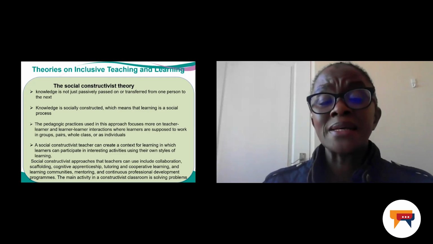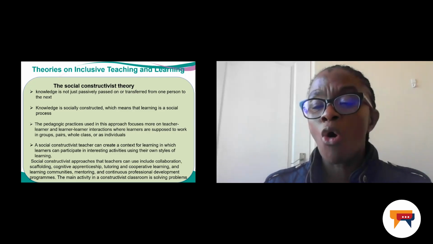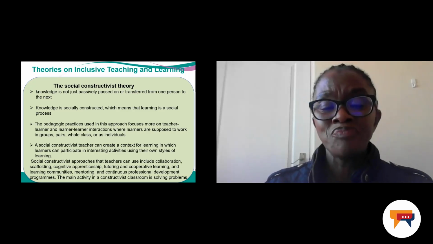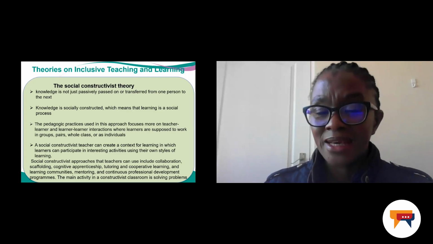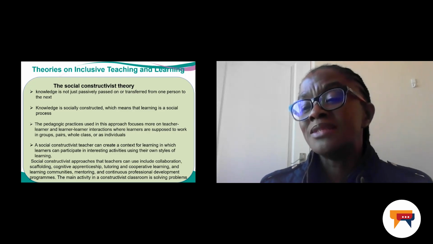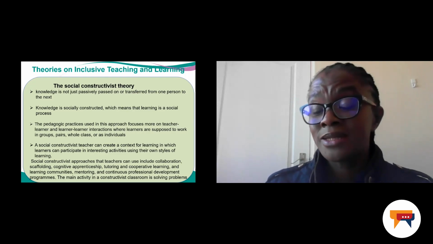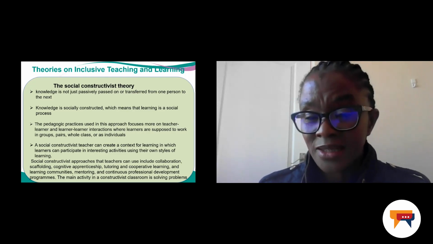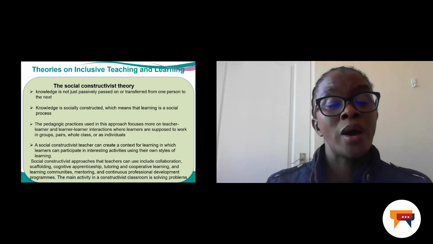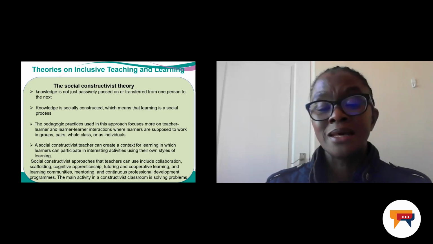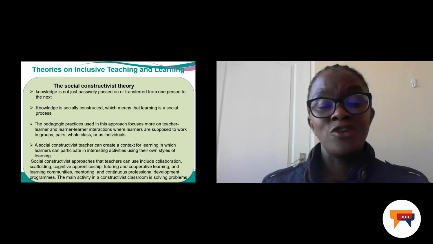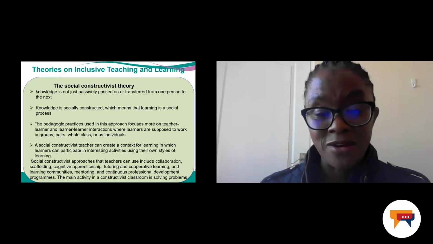The pedagogic practices used in this approach focus more on teacher-learner and learner-learner interaction. It's not about the teacher only, but learners are supposed to work in groups, in pairs, in whole class, as individuals, or collaboratively.